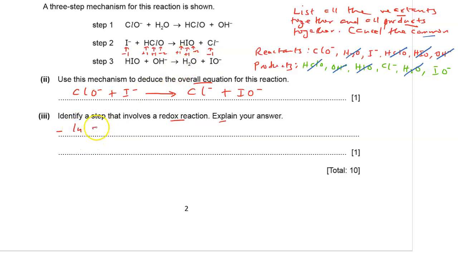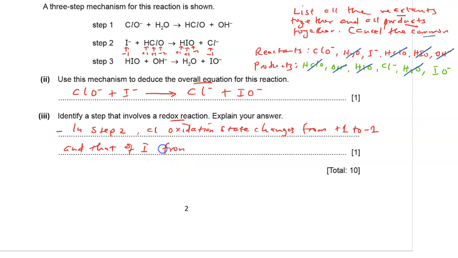So you can say in step 2, the oxidation state of chlorine changes from +1 to -1, and that of iodine changes from -1 to +1.